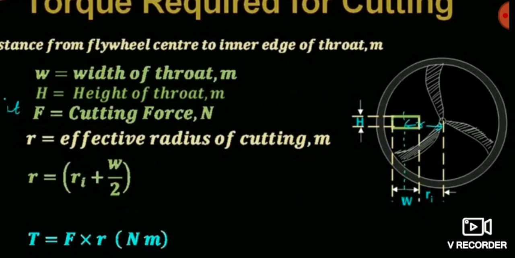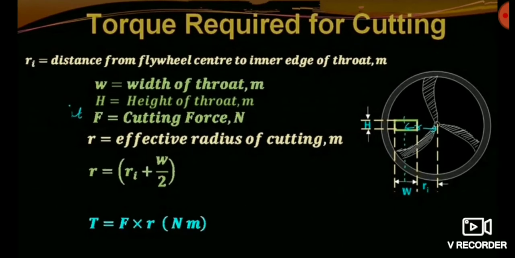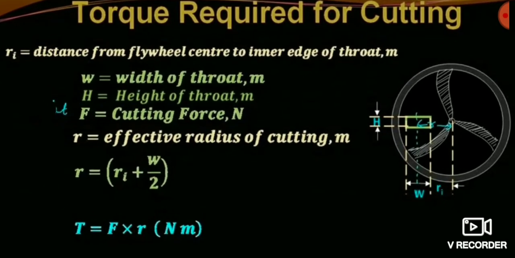Nowhere in any other book can you find such an explanation of this. I have worked a little bit hard to find such theory so that you can easily excel in the examination. So you clearly understand that the effective radius of cutting is the distance between the center of throat and the center of chaff cutter.